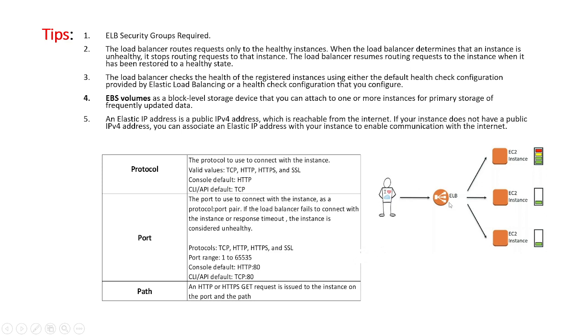Traffic goes from the load balancer to the EC2 instance, and traffic comes from the EC2 instance back to the load balancer, so we require security groups on both sides.